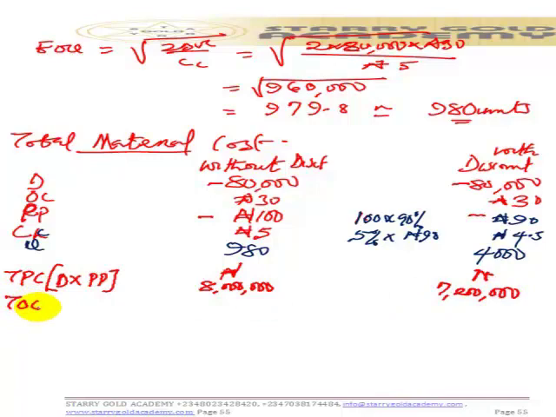Then total ordering cost. The total ordering cost will be annual demand divided by quantity times ordering cost per unit. So annual demand is 80,000 divided by EOQ 980 times ordering cost 30.